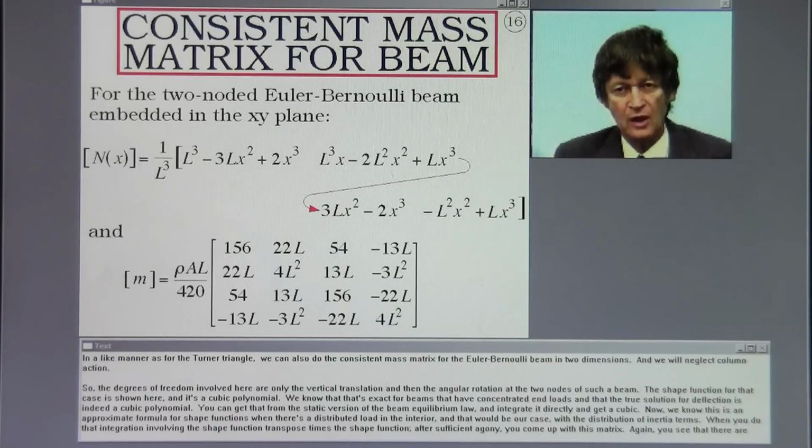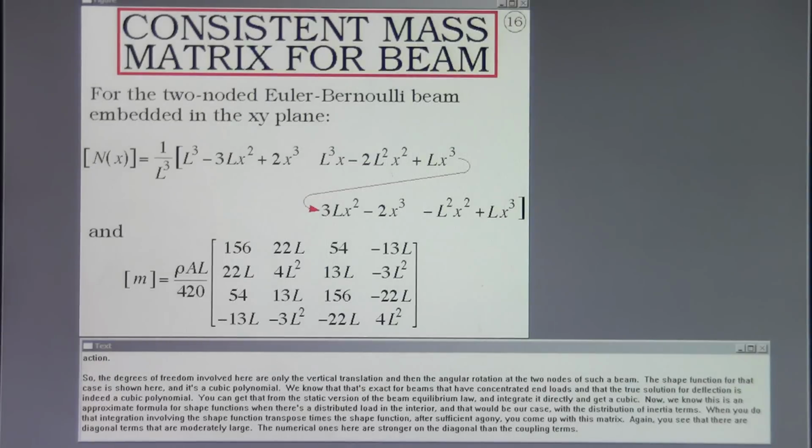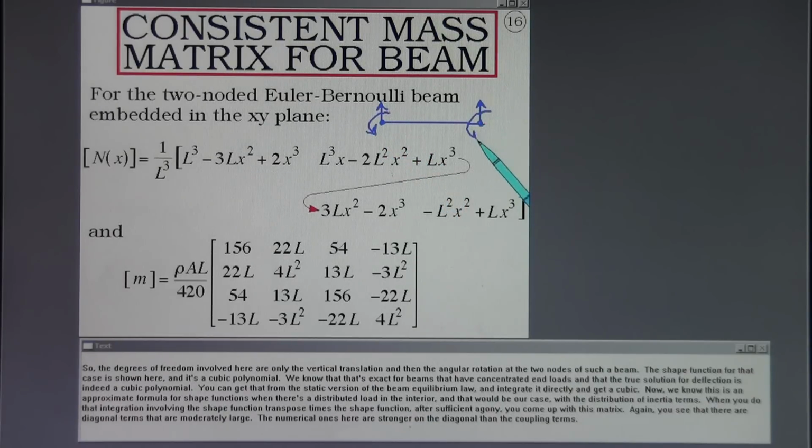in 2 dimensions, and we'll neglect column action. So the degrees of freedom involved here are only the vertical translation and then the angular rotation at the 2 nodes of such a beam. The shape function for that case is shown here, and it's a cubic polynomial.